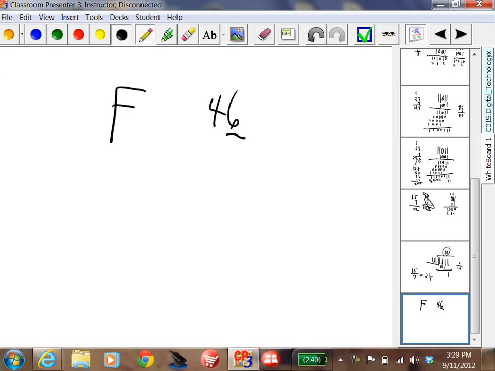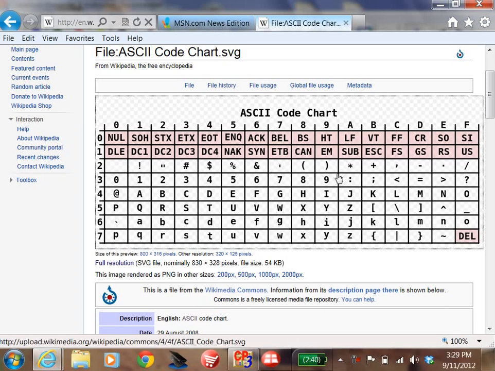That's 2 to the 4th power. Each hexadecimal digit is 4 binary bits. Notice here that we got 0, 1 up to F. Remember, these are the hexadecimal characters: 0, 1, 2, 3, 4, 5, 6, 7, 9, 10, 11, 12, 13, 14, 15. And these are only the first half of the hexadecimal.